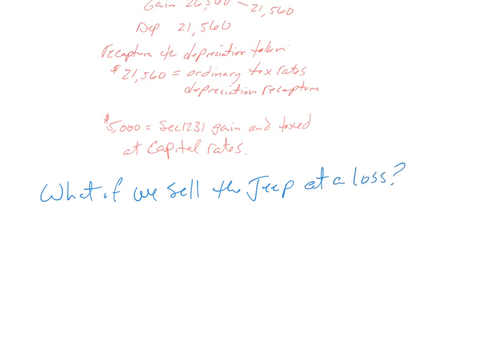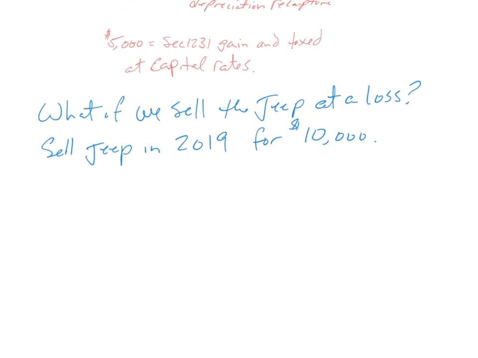All right, so say we sell the Jeep in 2019 for $10,000. Can't imagine why we'd do that, but let's say we do. We sell the Jeep in 2019 for $10,000.